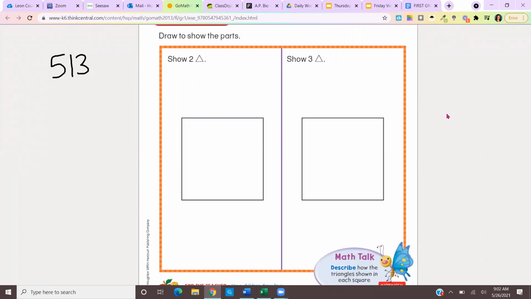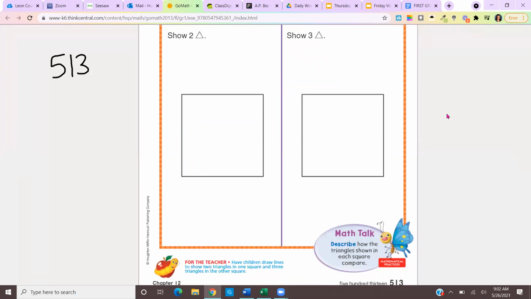We are going to draw lines to show 2 triangles in one square and 3 triangles in the other square. So looking at that first square where it says show 2 triangles. If we drew a line down the middle, we drew a line like this, does that show 2 triangles?